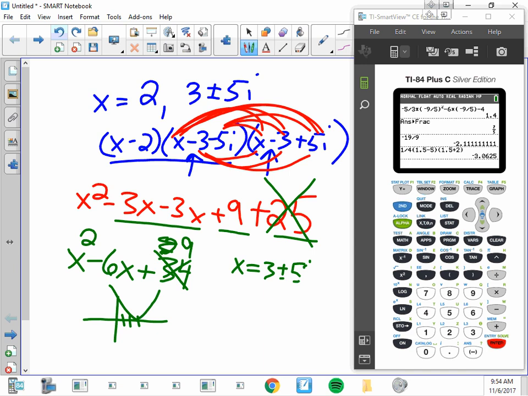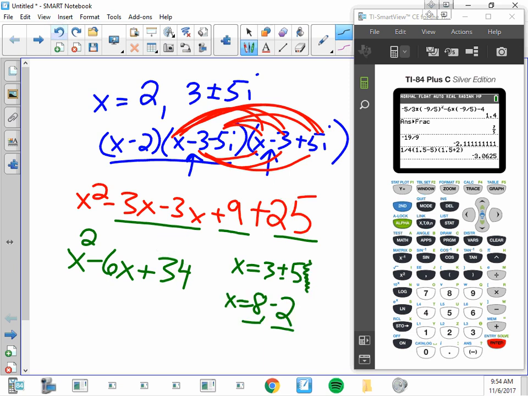And all I did to that graph was lift it up 25. What I'm saying is, if you get rid of the 5i, then we would have a duplicate root parabola at x equals 3, and that 5i just lifted the graph up 25. So that's kind of how imaginary roots coordinate with regular quadratics. Okay.